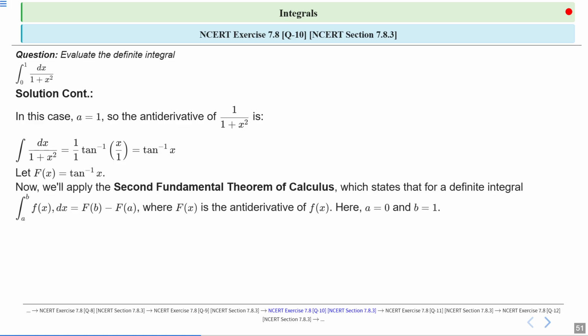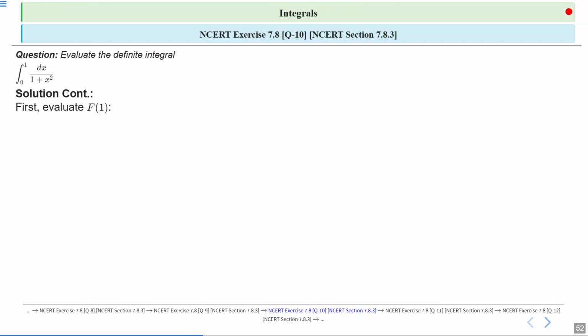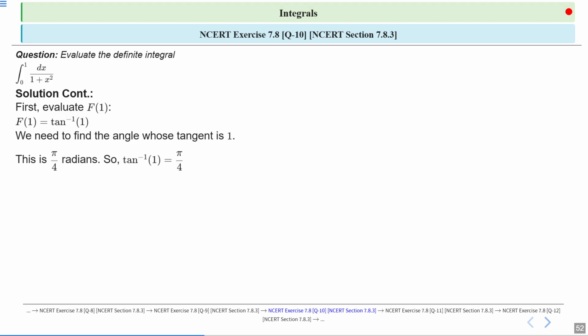Now we apply the second fundamental theorem of calculus. So calculate the value of the antiderivative at the upper limit, then minus the value of the antiderivative at the lower limit, that is 0. So F1 minus F0. So at first evaluate F at 1. So F at 1 is tan inverse 1. We need to find the angle whose tangent is 1, and that is pi by 4.